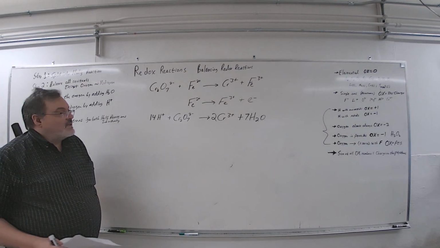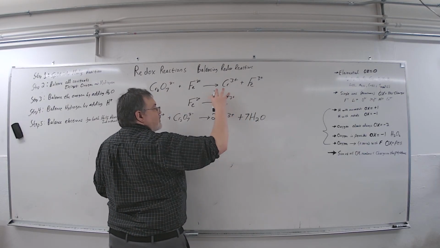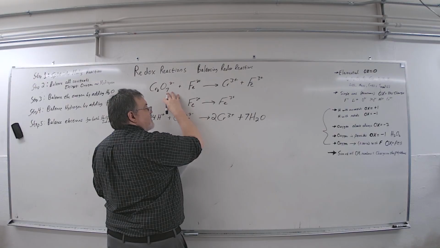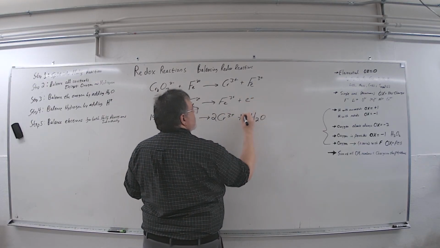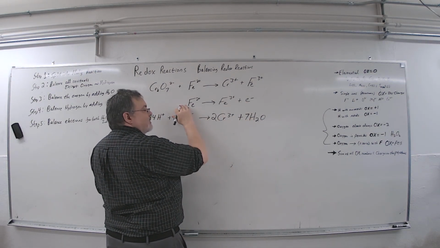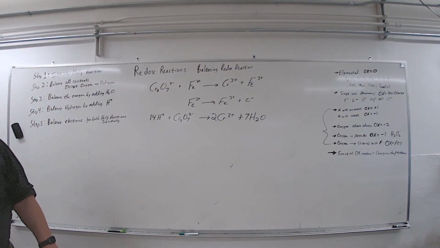Another way to say what I did: the total charges on this side are 3 plus, and the total charges on this side are 2 plus, so I balanced the charges. So minus 1 plus 3 would be plus 2. You can think of it either way. It's really kind of the same thing.